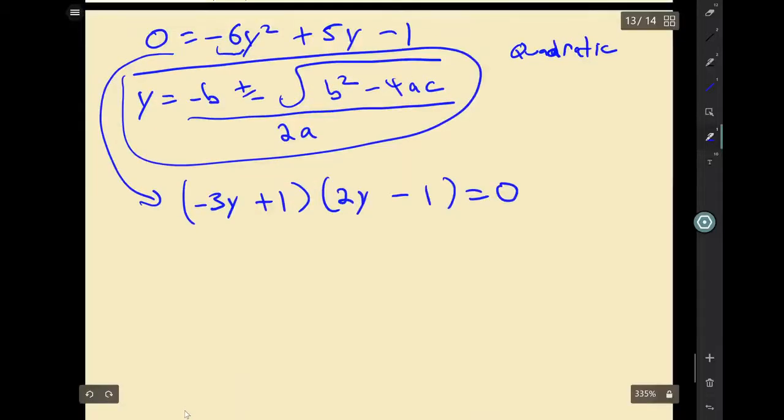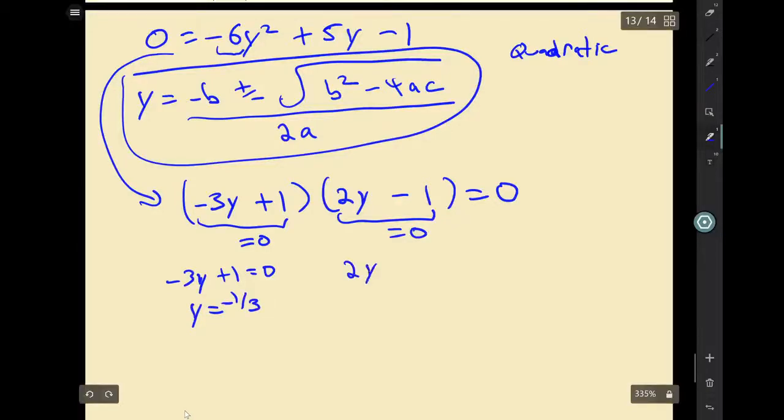I'll keep going for the answer. So the answer is if this thing is equal to 0 or this thing is equal to 0, then that y that gets us to that result is the answer. So negative 3y plus 1 is equal to 0, well then y must be equal to negative 1/3.